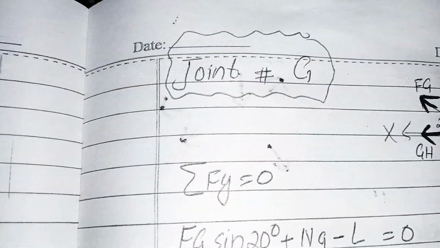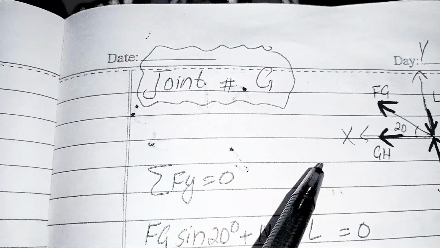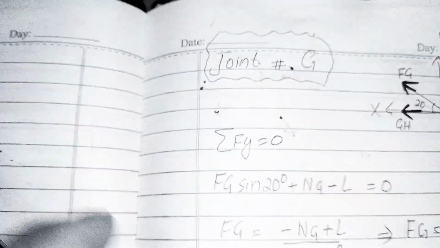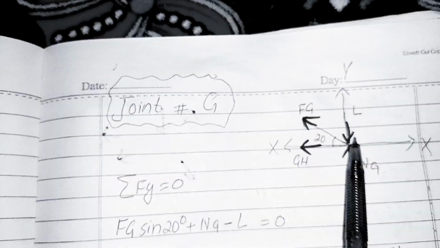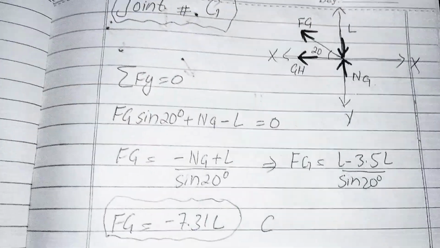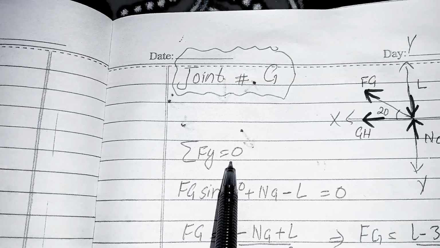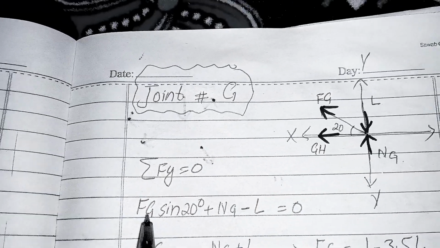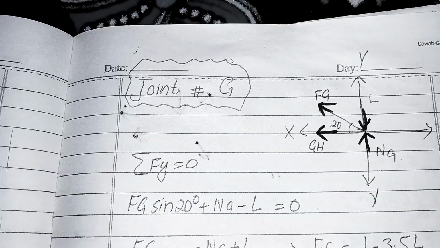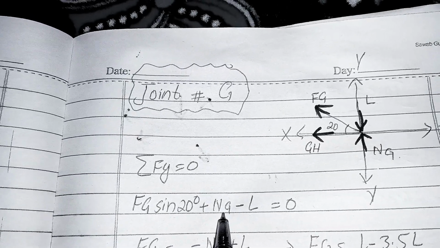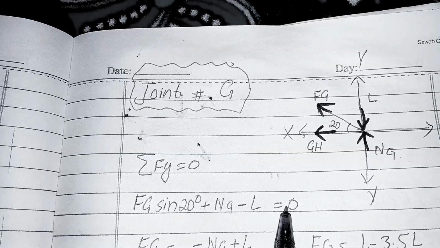Now I will take joint G to find the required forces in the members acting on this joint. Now the summation of all vertical forces acting on this joint equals 0. So Fg sine 20 degrees minus Ng minus L equals 0.